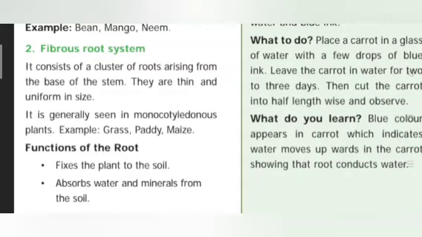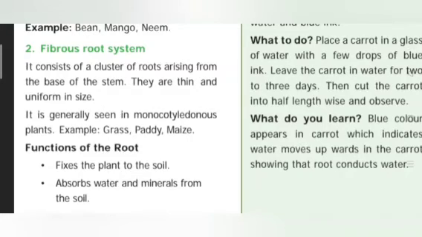So that is monocotyledon. And also when the seed starts to sprout out, the very first leaf will be a single leaf. Do you understand, children? So examples are grass, paddy and maize.